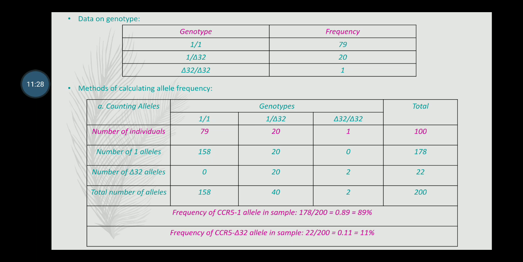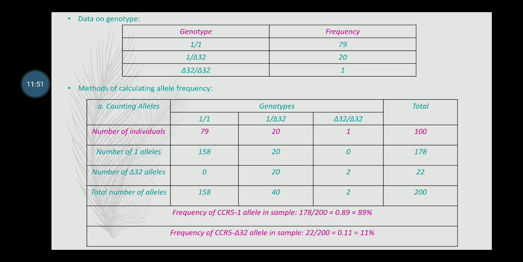Thus, the total number of 1 alleles is 178. Similarly, we can calculate the total number of del 32 alleles in the heterozygous and homozygous recessive population, and this is 22. Therefore, 178 plus 22 is equal to 200 alleles.